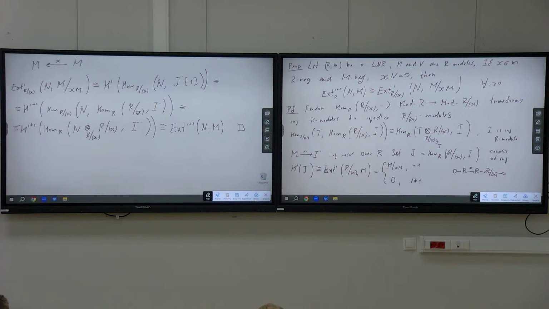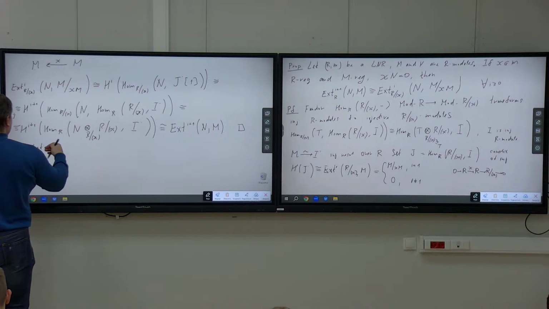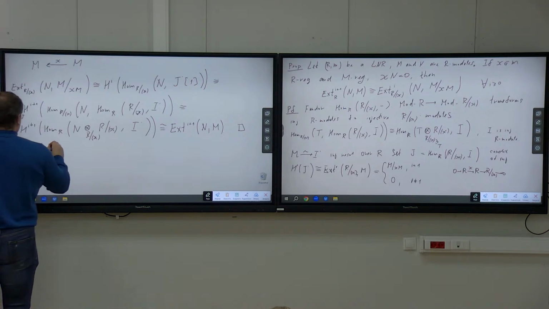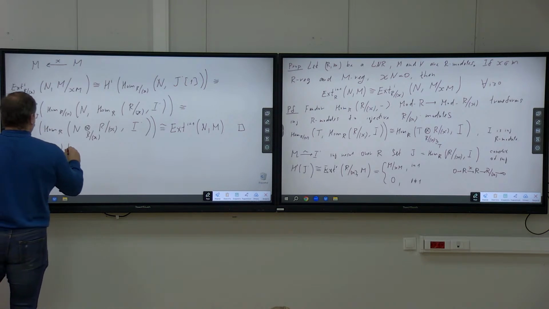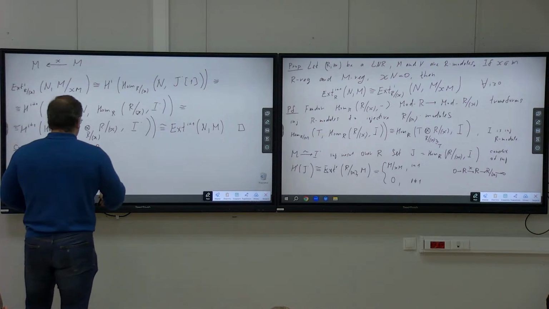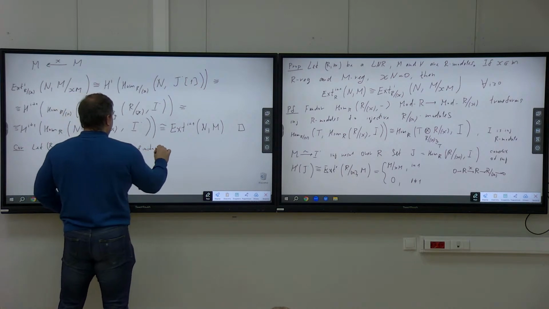Okay. If there are no questions, let me derive a corollary, which is an interesting statement. So as in the statement in this proposition, I take a local Noetherian ring R with maximal ideal m, and M a finite R module.